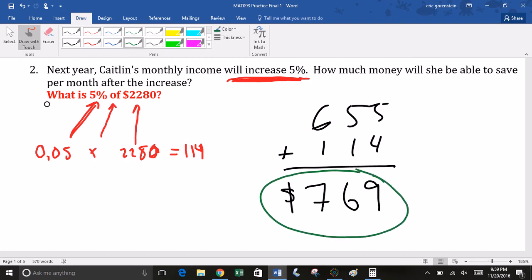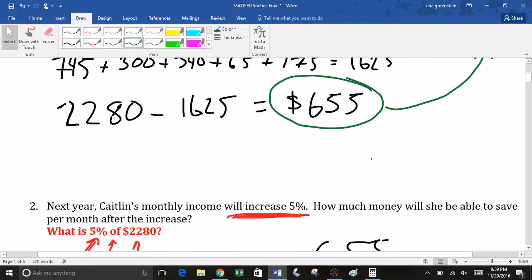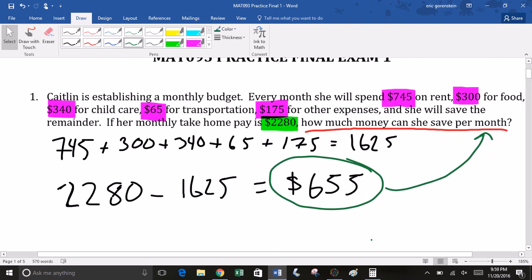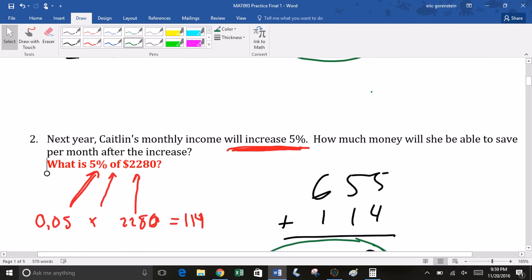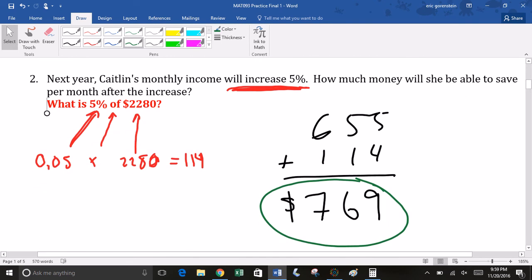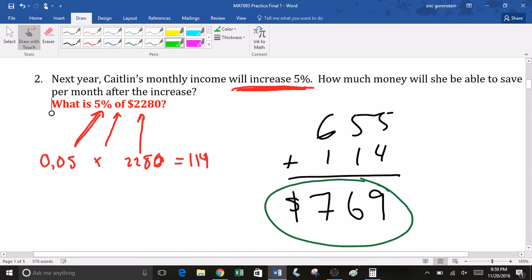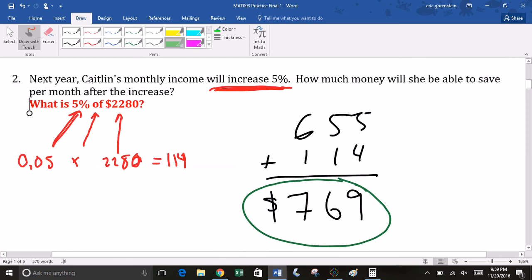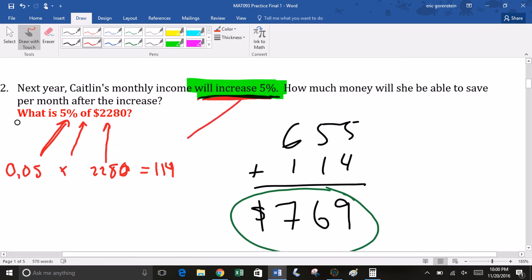She was able to save the $655 originally plus an extra $114. That $114 is coming from here. So that extra 5% becomes $114, and that extra $114 means she could save a total of $769 per month.